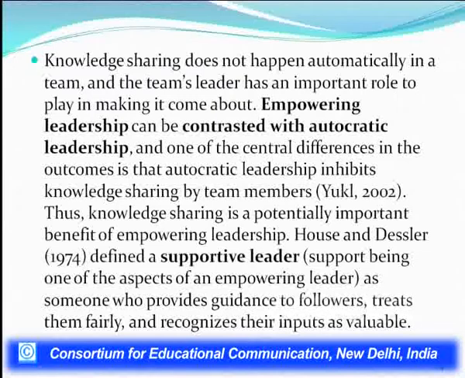Thus, knowledge sharing is a potentially important benefit of empowering leadership. House and Dessler defined a supportive leader, support being one of the aspects of the empowering leader, as someone who provides guidance to followers, treats them fairly, and recognizes their inputs as valuable.